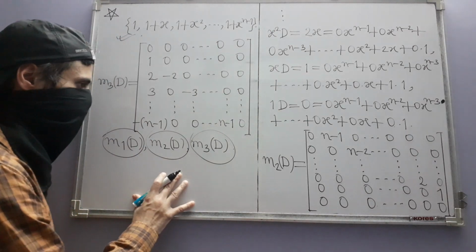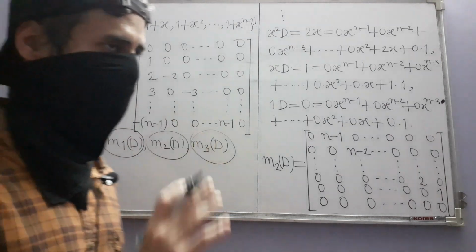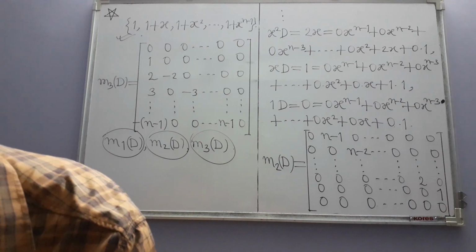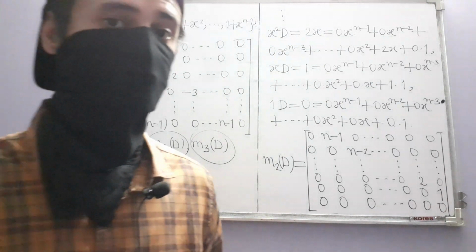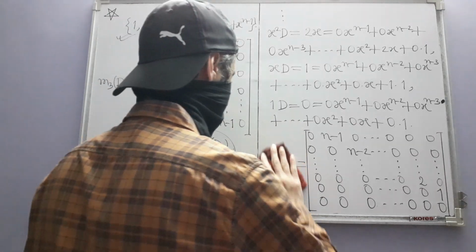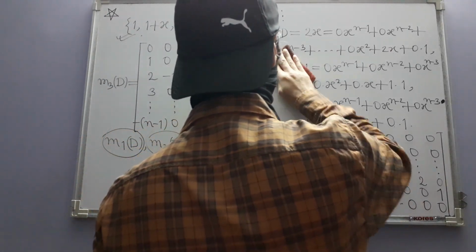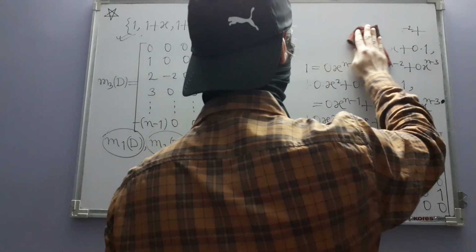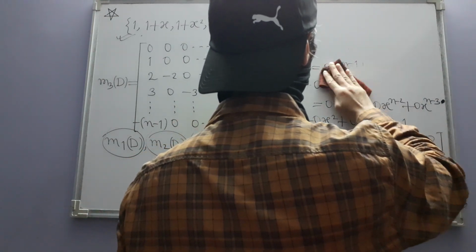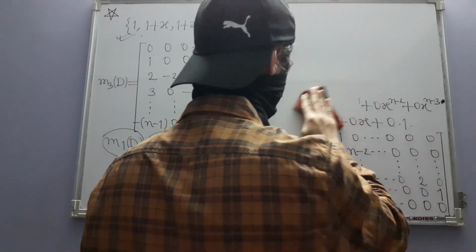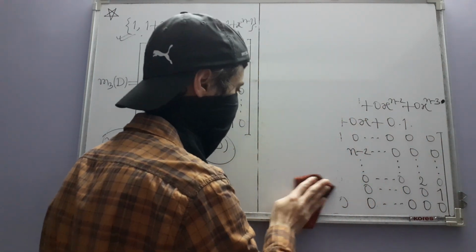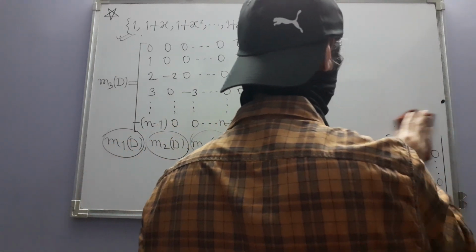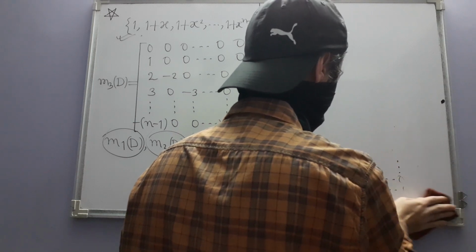Now, let me end the video by drawing our attention to something we have already seen when we were discussing characteristic roots. You remember, we have already proved that for an operator on an n-dimensional vector space, there are at most n characteristic roots of the operator in the underlying field.